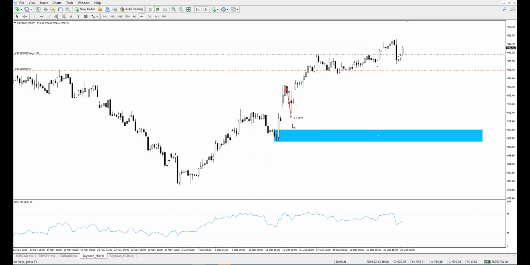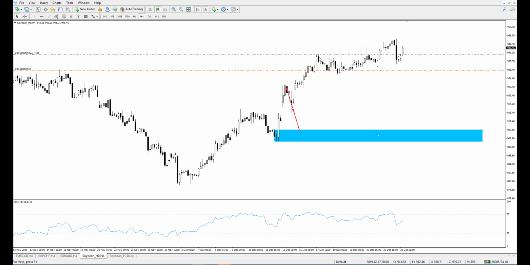If price gets here, that's where I'll be using my RSI to look for a divergence. Then it's very, very high probability that you're going to get a successful divergence to go in the direction of your trade, which is going long.